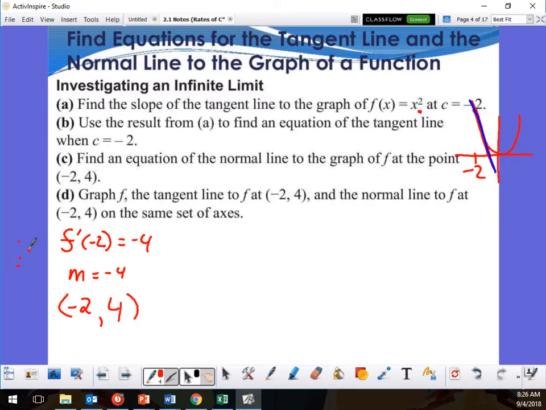So now I have an x, I have my y, and I have the slope. So I'm going to plug it into my point slope, so it's going to be y minus 4 equals -4 quantity x minus -2.